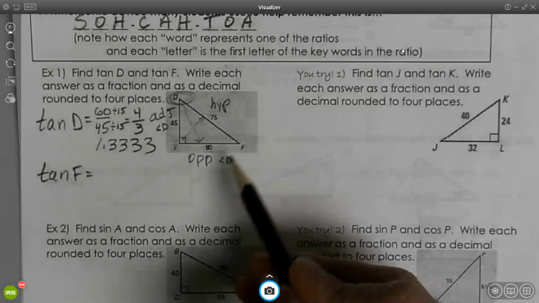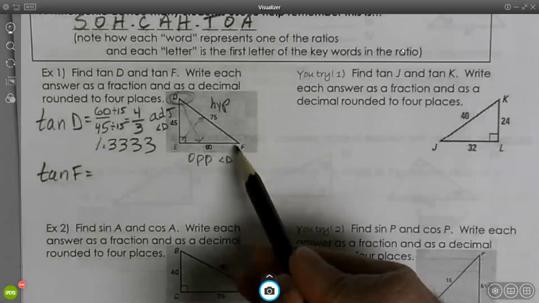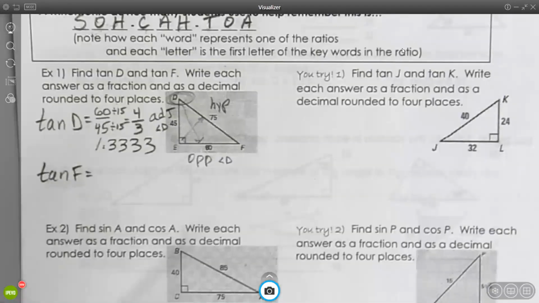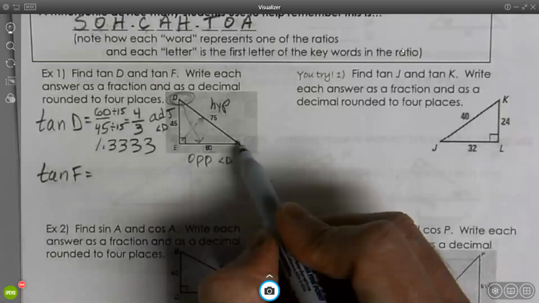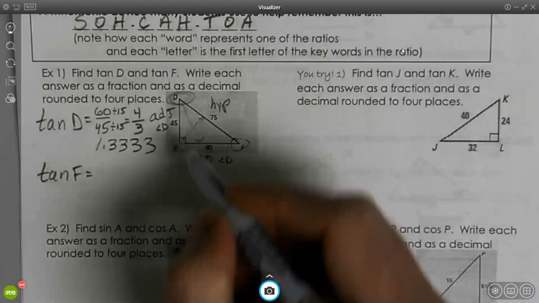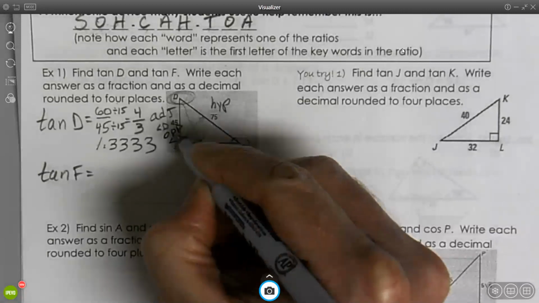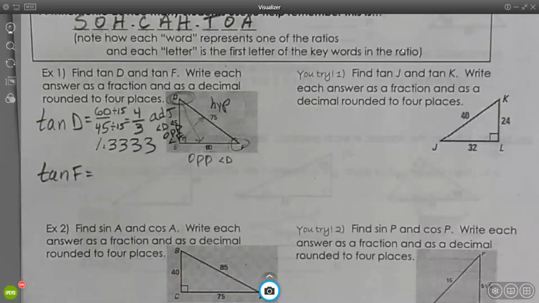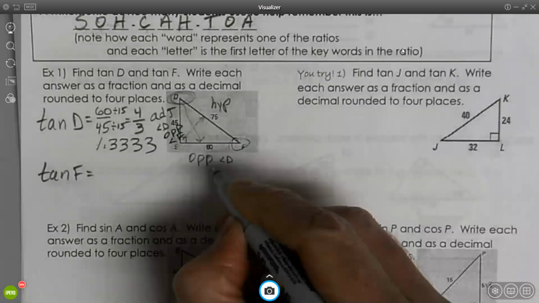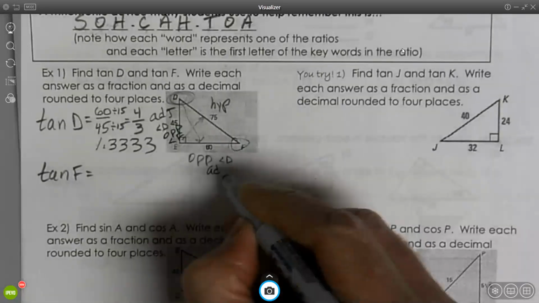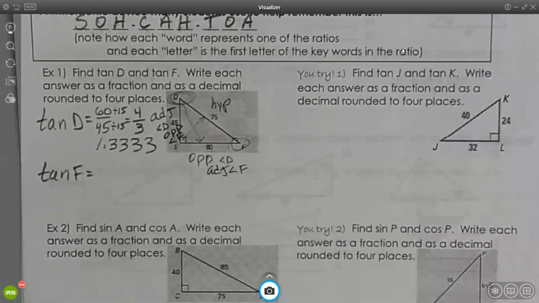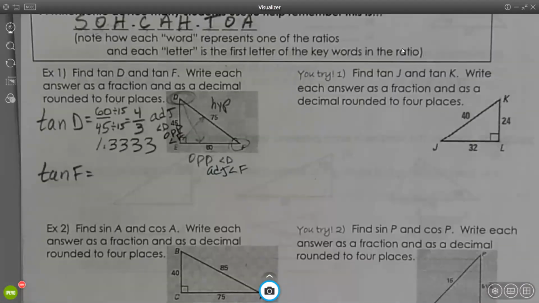From its point of view, the opposite side, we use a different color. Over here is the opposite angle F. Over here, this is the adjacent angle F. It's adjacent to the angle F. The hypotenuse does not change.